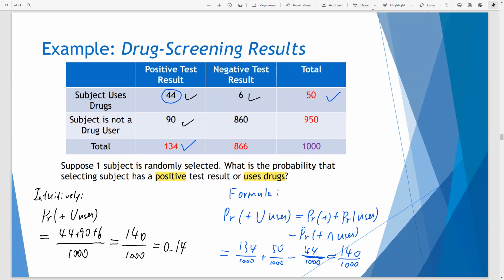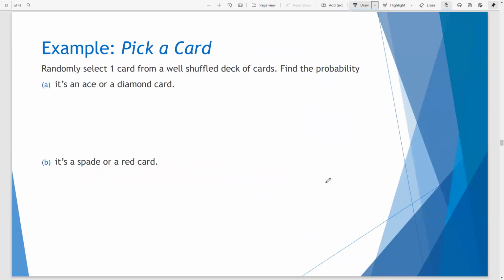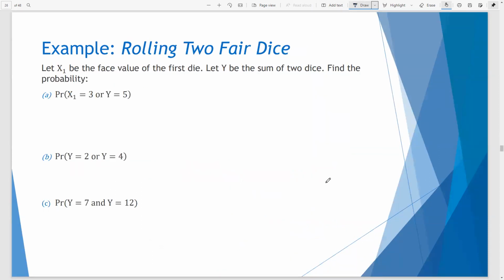Good. This question, like the table, we are able to do by either formula or intuitively. Some other questions may not be that clear. Go back to pick a card.